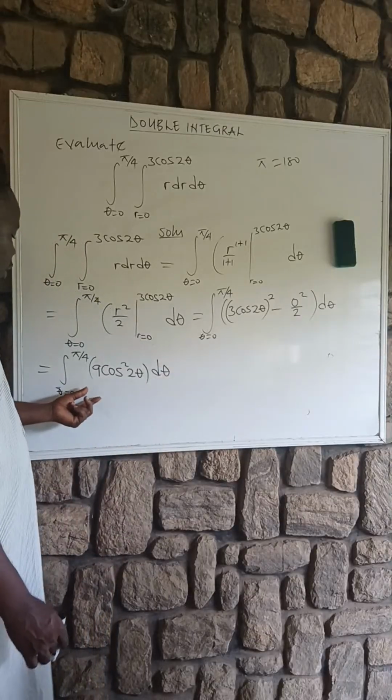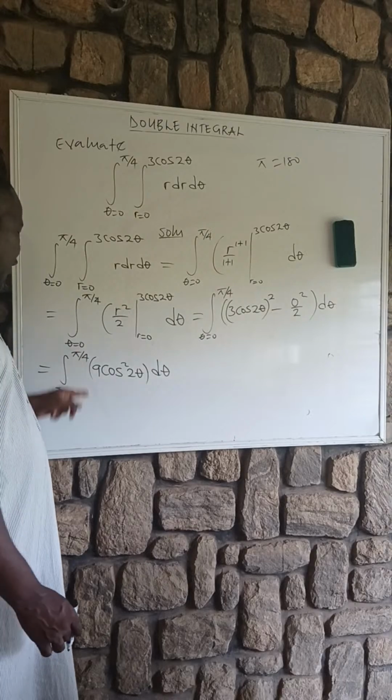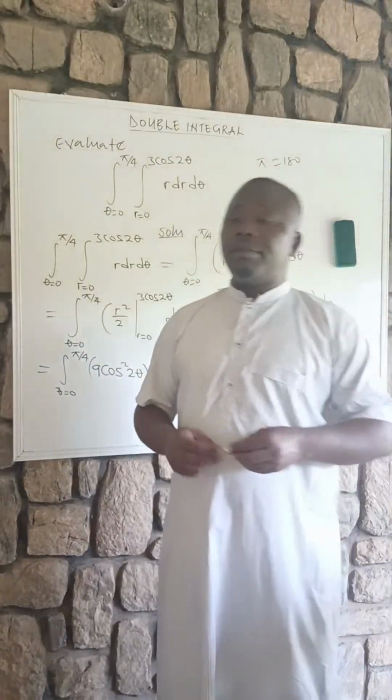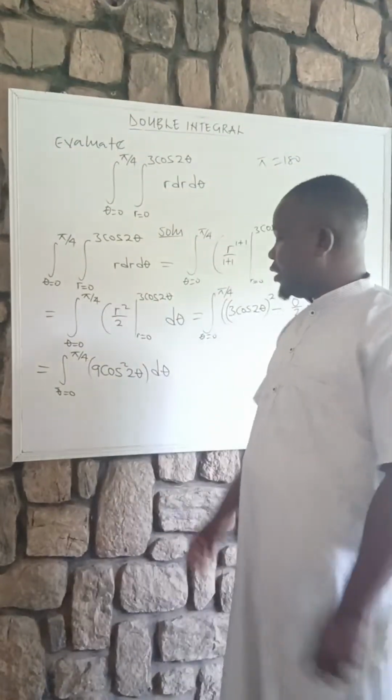At this point, you need to integrate this function, then substitute, subtracting the lower limit from the upper limit.